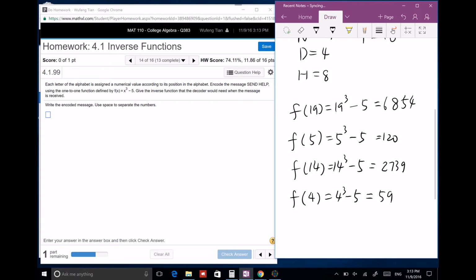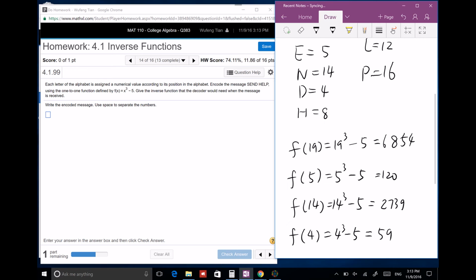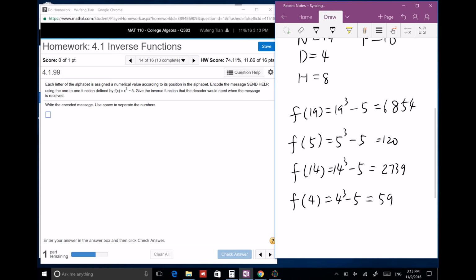And then you have to continue finding the others, the help for the H. So f of 8 is 8 cubed minus 5. Okay, so it's 8 cubed, 512. 512 minus 5 is 507.